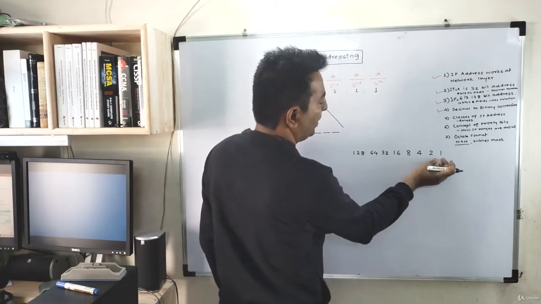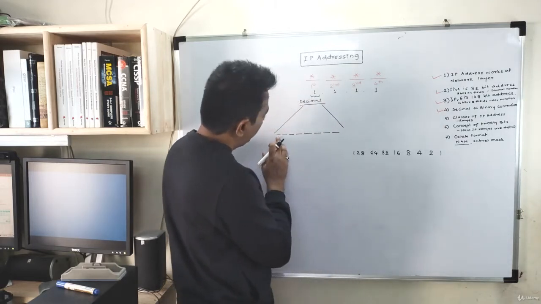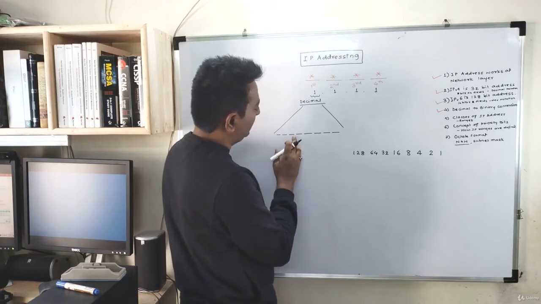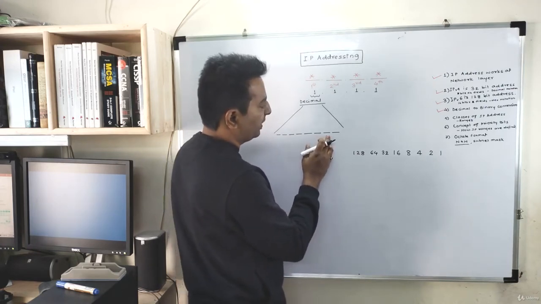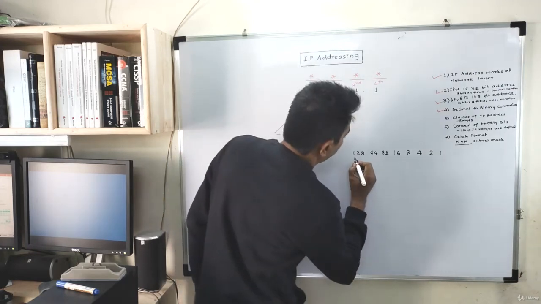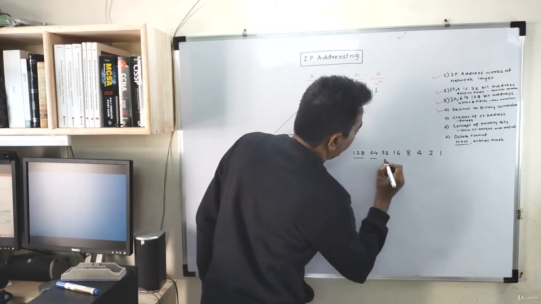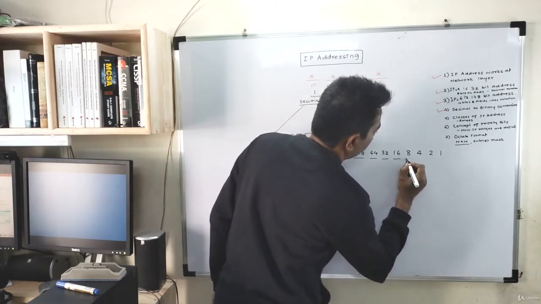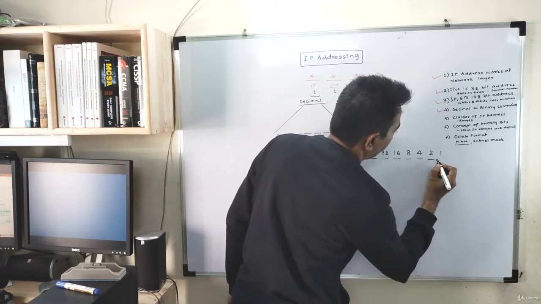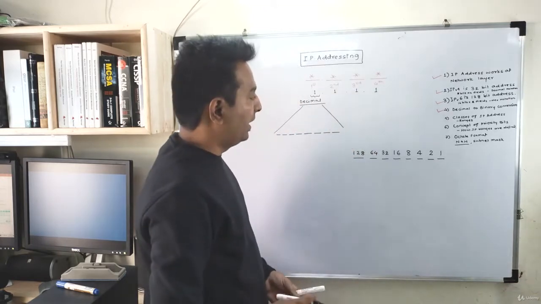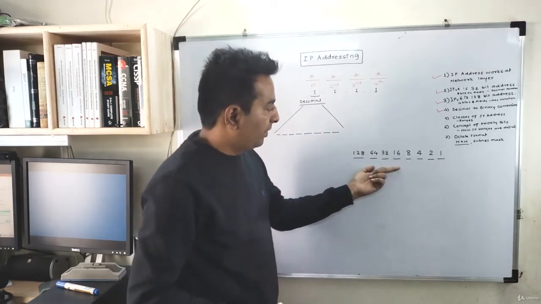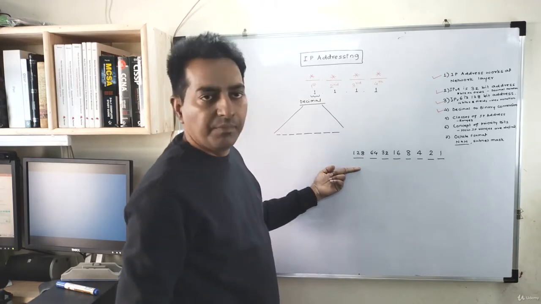So how many bits are there? 1, 2, 3, 4, 5, 6, 7 and 8. So this is the first bit, second, third, fourth, fifth, sixth, seventh and eighth. So that is why I have created these numbers here.